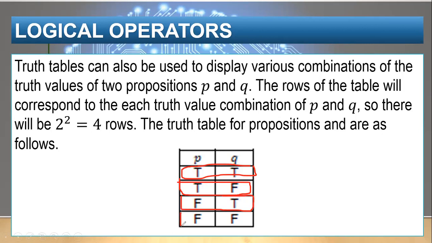And lastly, for the last row, both P and Q are false. So that is always the case. Again, for writing two propositions P, Q, para mas madali: for P, true, true, false, false. And then for the Q, we have alternate true, false, true, false.